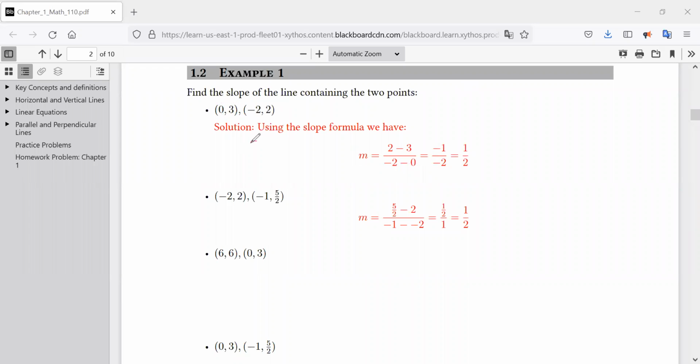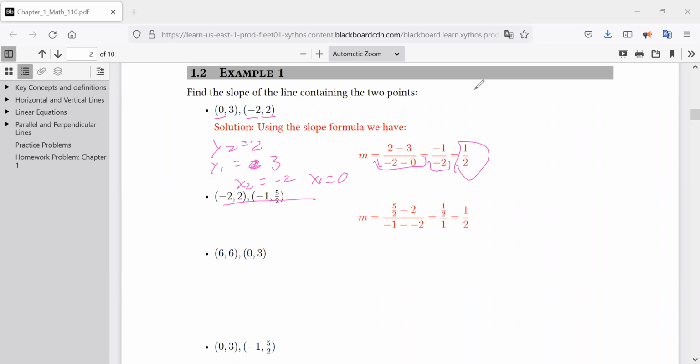So we have 2, that's our y2. Our y1 is equal to 3. Our x1 is equal to 0. And x2 is equal to -2. Then we plug that into our original equation and we get -1 over -2, which is just +1/2, right?